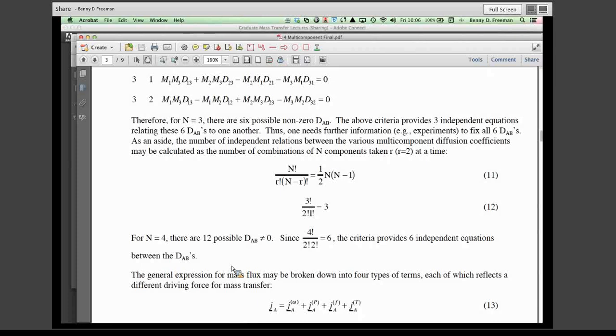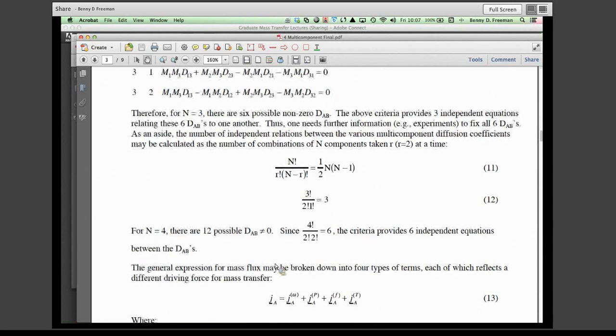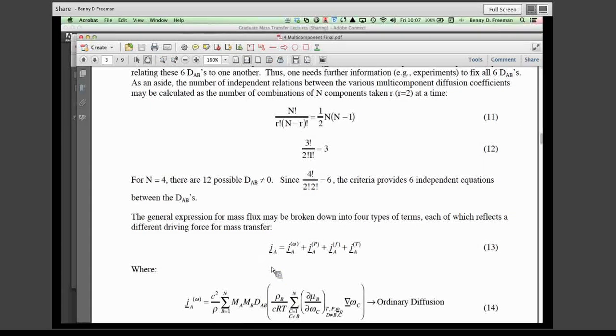as you go to multi-component situations, you introduce a considerable amount of complexity in the solution of these problems if you solve them rigorously from first principles according to the models that we're developing here. Now, very generally, the diffusive mass flux is often broken up into several pieces that reflect the dominant driving force for a given phenomena driving mass transport.